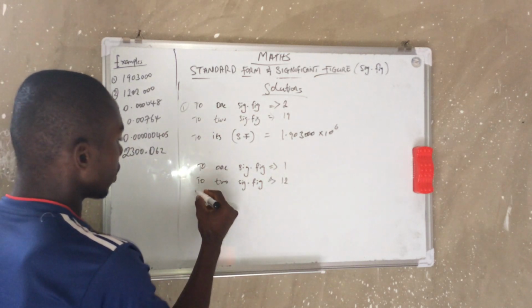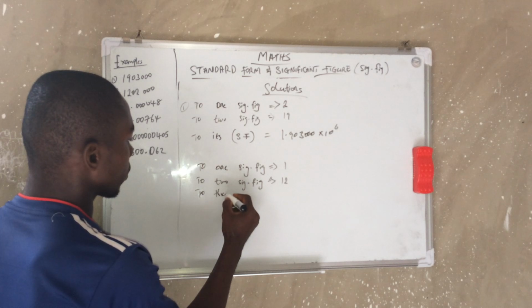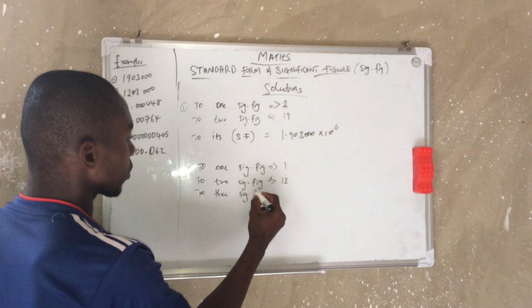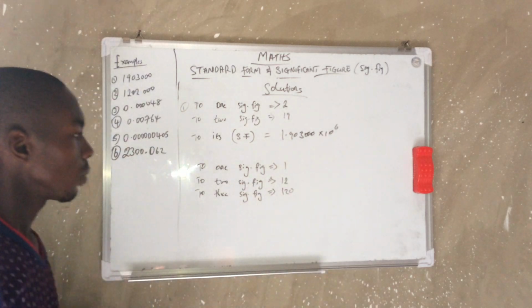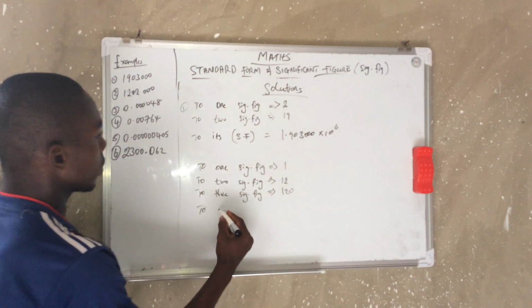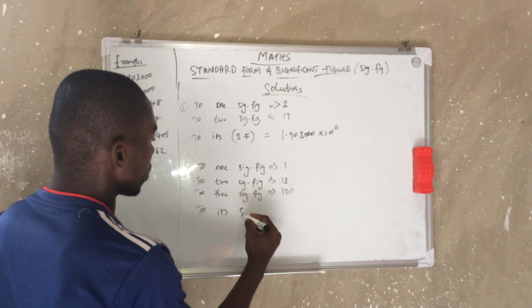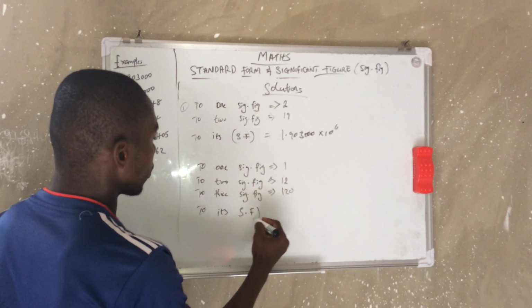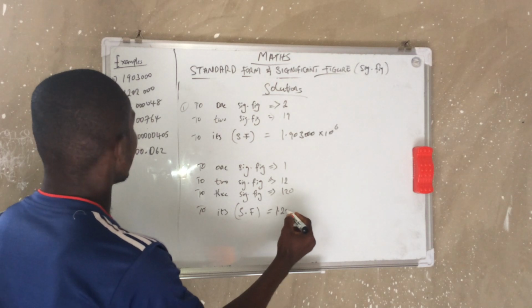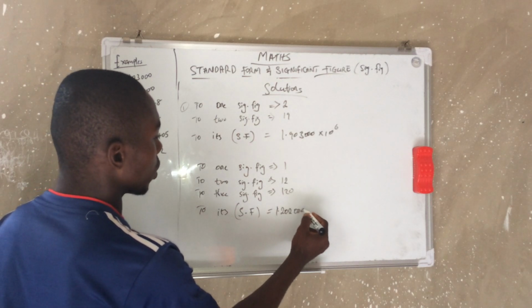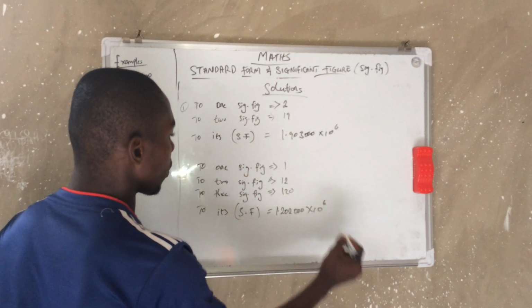To 3 sig fig, we have what? 1, 2, 0. Now to its standard form, what do we have? We have 1.202000 times 10 raised to the power 6.